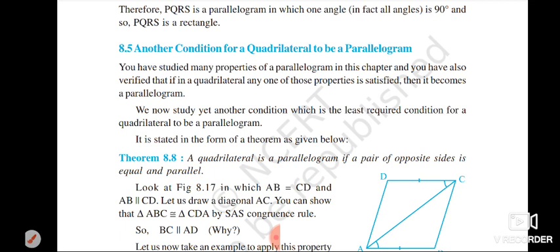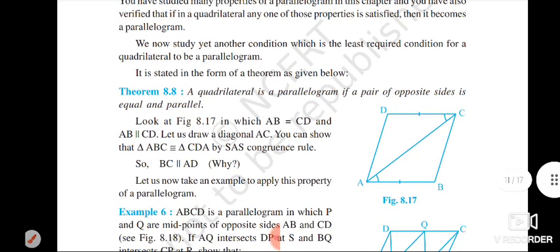A quadrilateral is a parallelogram if a pair of opposite sides is equal and parallel. Opposite sides must be equal and must also be parallel for the quadrilateral to behave like a parallelogram.